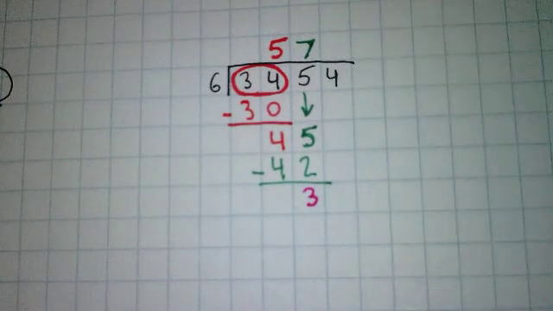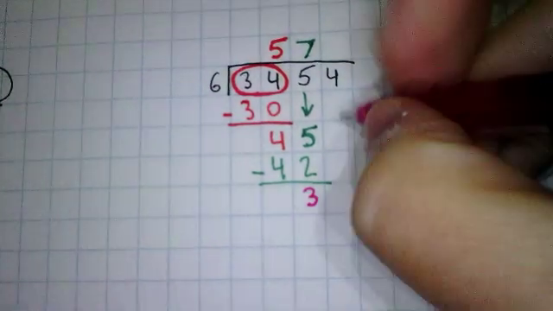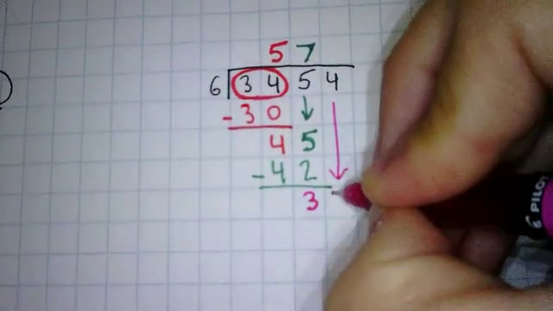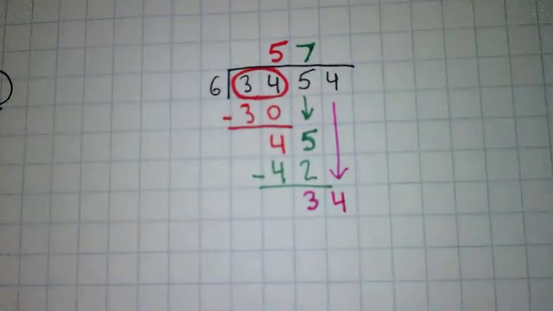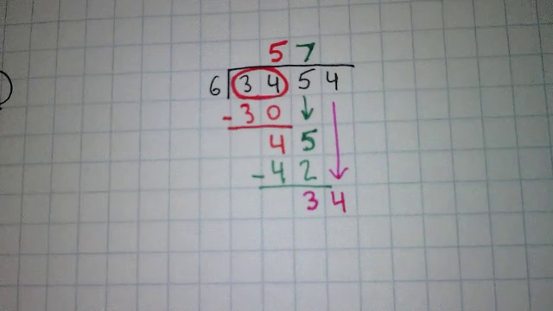Okay. What's my next step then? What do I need to do next? Hazel? I need to bring down my 4. Good. Okay. So now what am I looking for? How many times does 6 go into 34 without going over? Who can tell me how many times 6 goes into 34 without going over? Joshua? It is still 5 times.